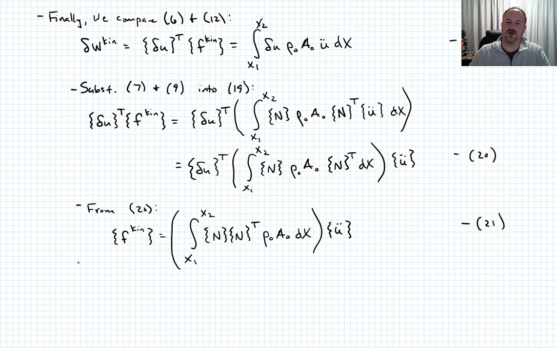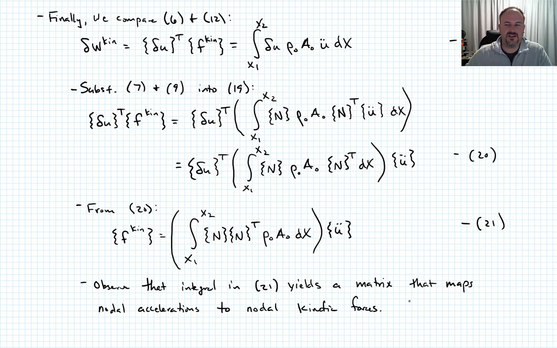Okay, let's make some observations. We observe that the integral here in 21 yields a matrix that's going to map our nodal accelerations to our nodal kinetic forces. And we're going to define that mapping as the mass matrix.